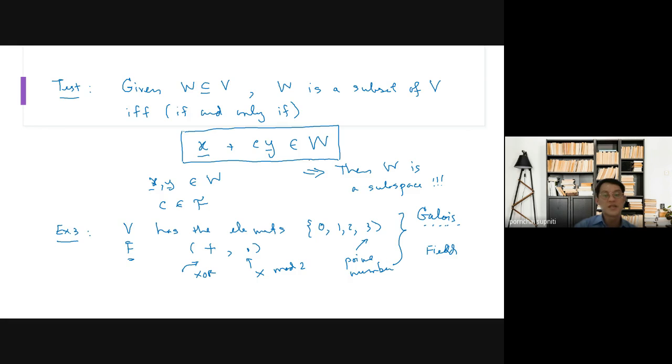So if V is this vector space with the elements 0, 1, 2, 3, let me introduce a subspace. Let's say I have W with the elements 0 and 1.